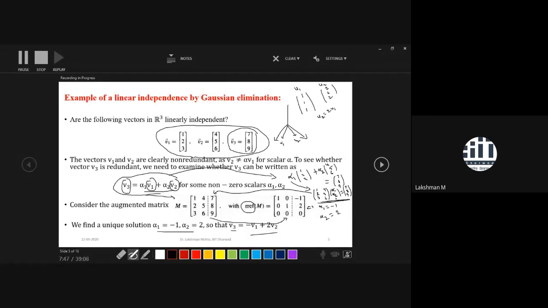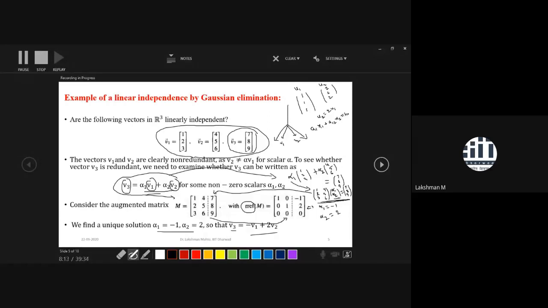That's why, in a system of linear equations, as we have always seen, we write it this way: a11 x1 plus a12 x2 equal to b1.